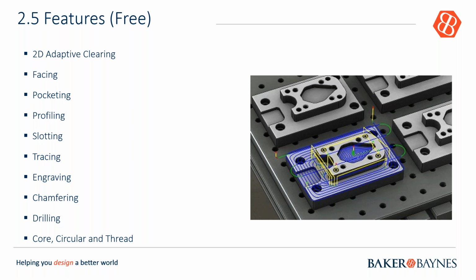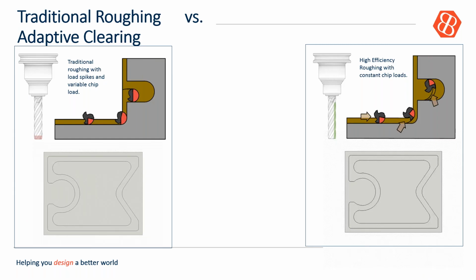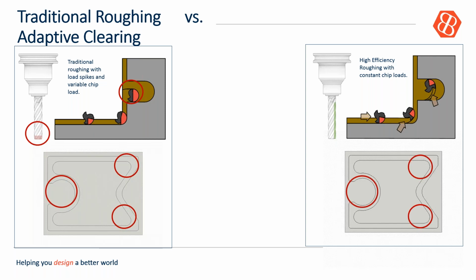It's only making use of just that little bit of the tool itself. If we look at adaptive clearing, this is a more efficient roughing strategy with constant chip loads. As you move along, you chip away and it works in. With the traditional roughing, there are variable chip loads that happen to the tool. So adaptive clearing is preserving the tool a bit, also making use of the wear areas of the tool, which is important.